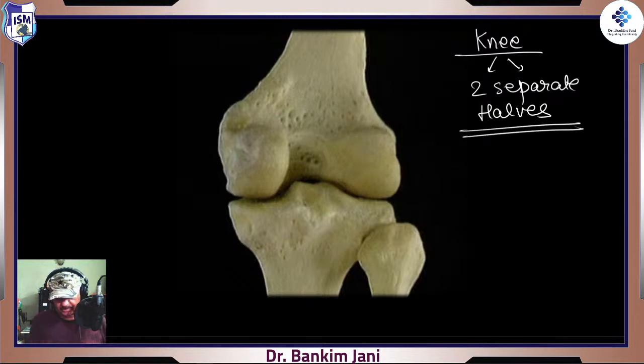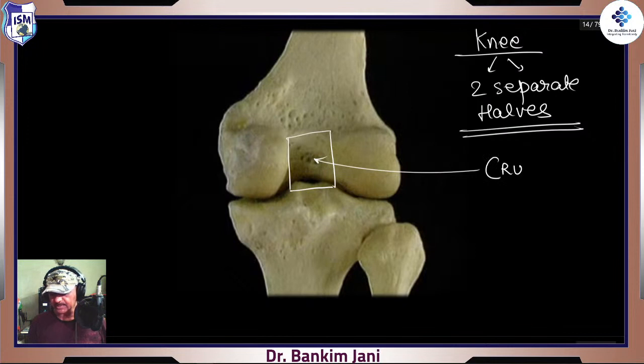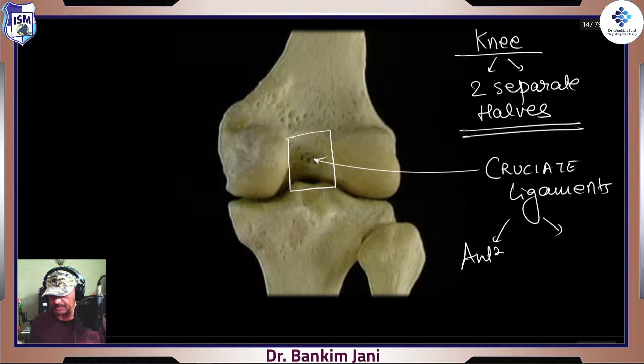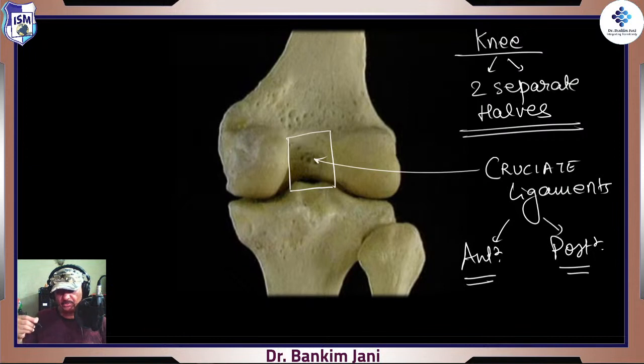And in between, in this area, there would be cruciate ligaments, one anterior and the second posterior. These names, anterior and posterior, are given with respect to where exactly they are attached on the tibia.